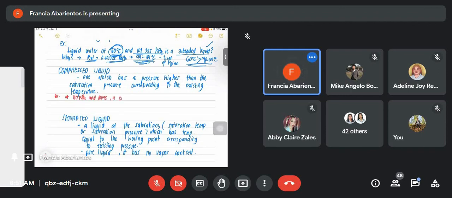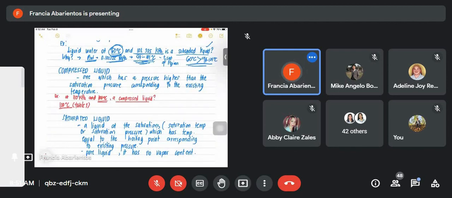So, tanong yun. Okay. So, pag tinanong kang compressed liquid, punta muna ikaw sa existing temperature. What is the existing temperature? 100 degrees Celsius. So, pag temperature, punta ka sa table 1.